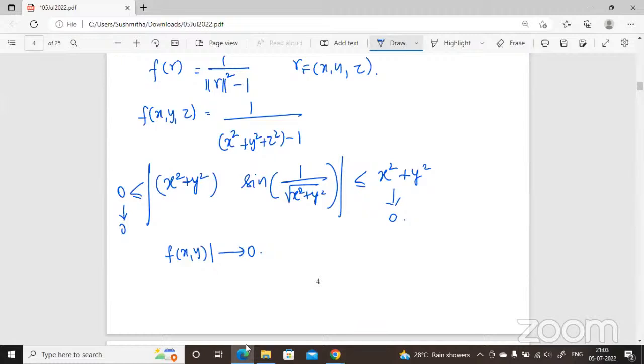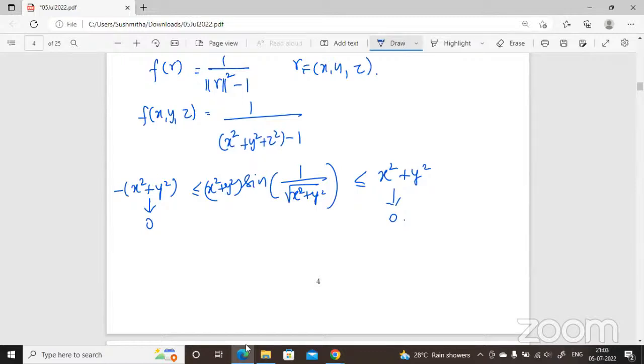Oh, I don't think we need mod, right? Okay. Why don't we start from minus of x squared plus y squared, up to x squared plus y squared. This goes to 0, this goes to 0. So we are done. We want the limit as x comma y goes to 0, 0, right?